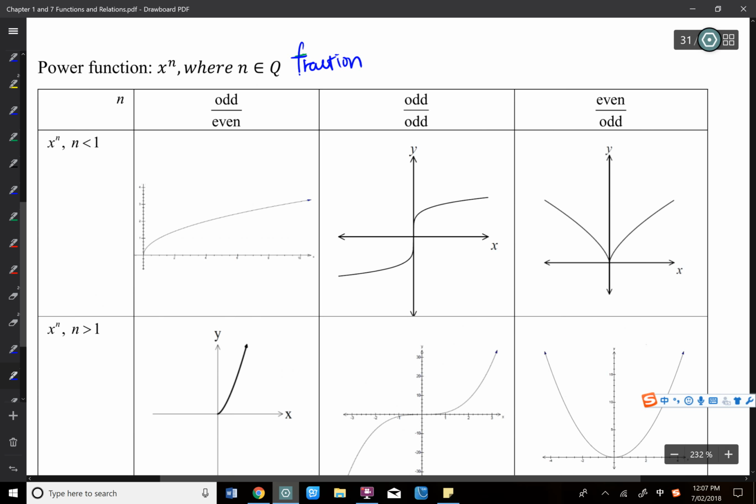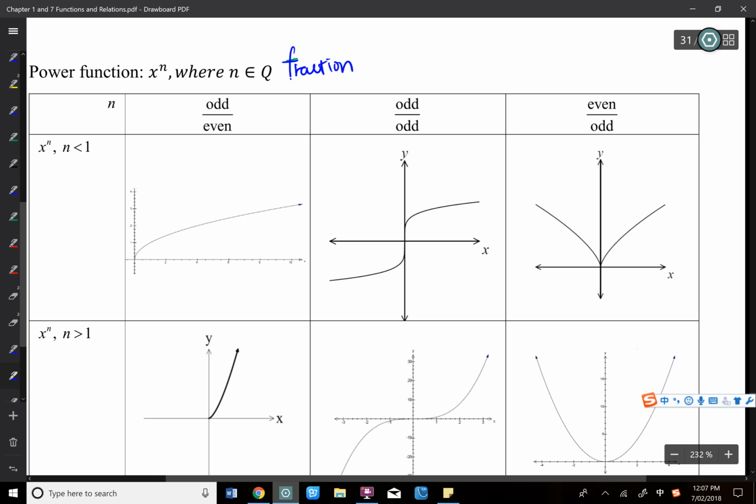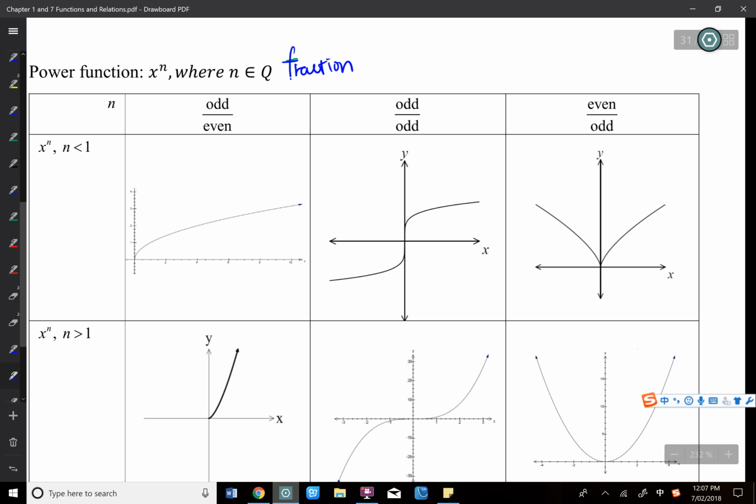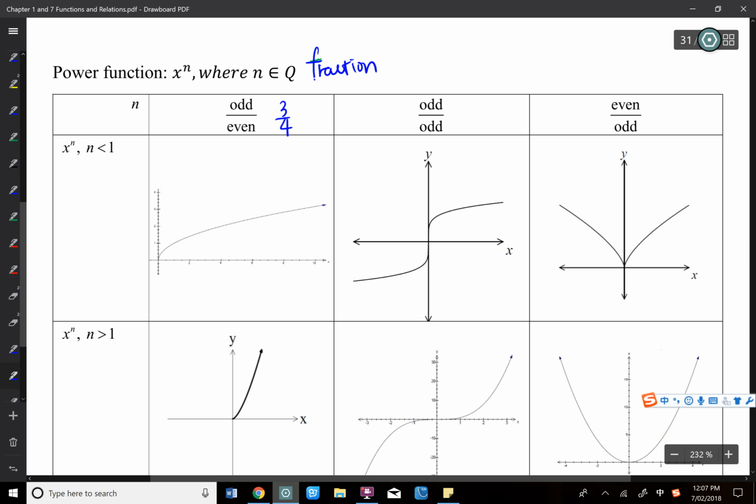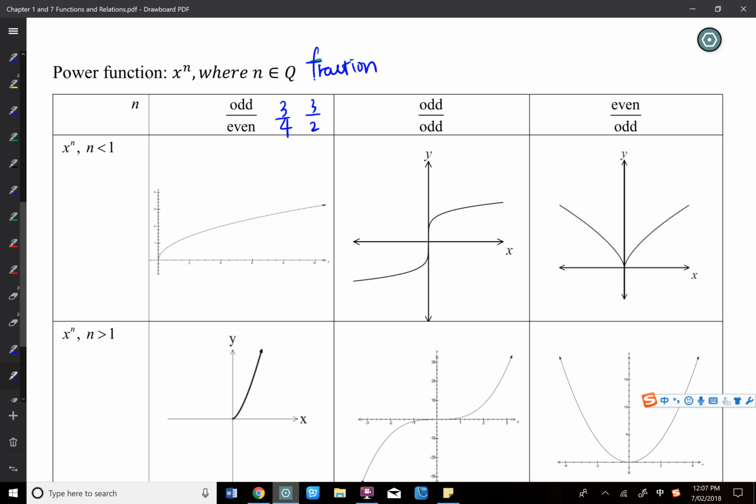For the power, we can have odd over even power. So, for example, give me an example. Any odd number over even number? 3 over 4. That's one, or 3 over 2. That's fine as well. A power like that, x to the power of 3 over 4.